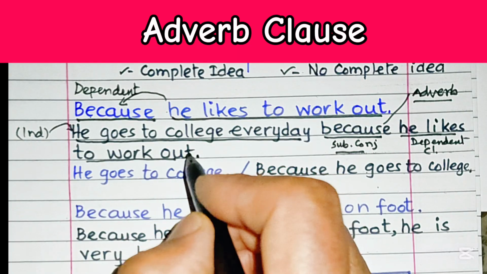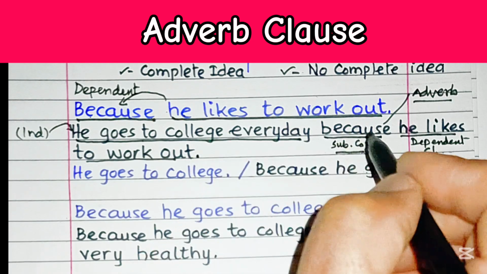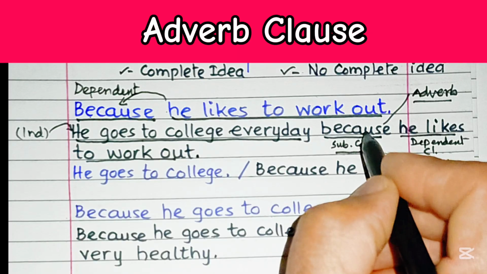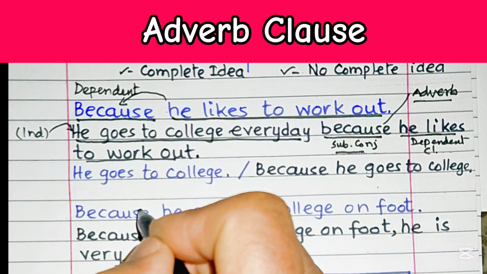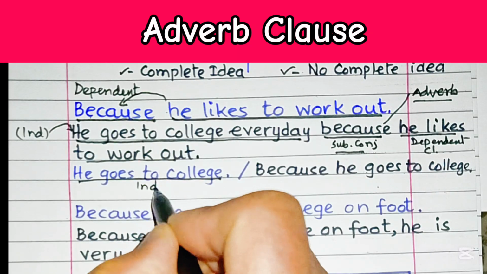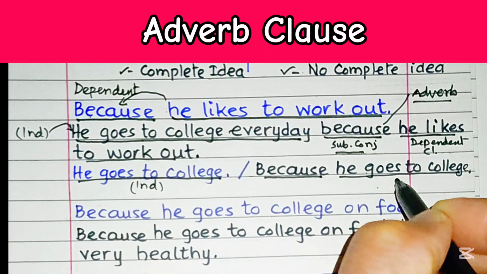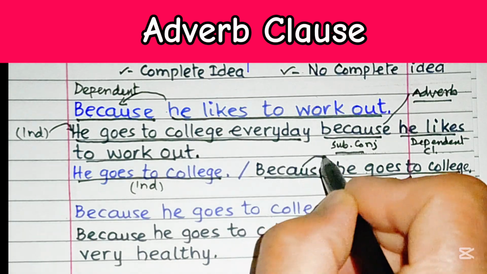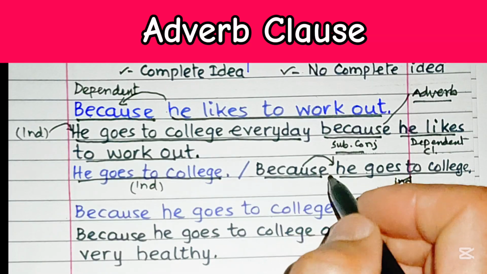We have a dependent clause. Why did it suddenly become dependent? Because we added this word to it: because he likes to work out. If I say "he goes to college," this is independent, it was an independent clause. But now it is not independent because we have added this word in order to make it subordinate.